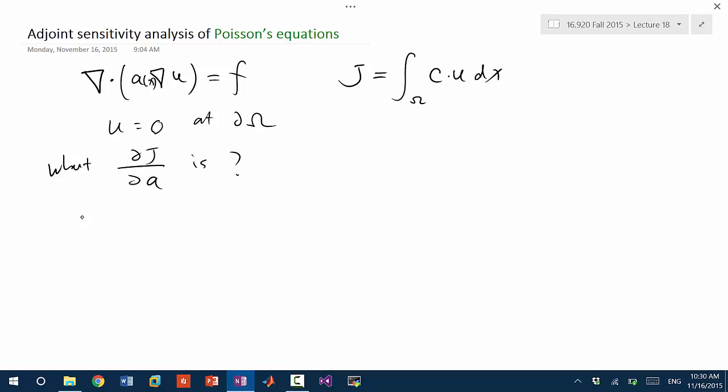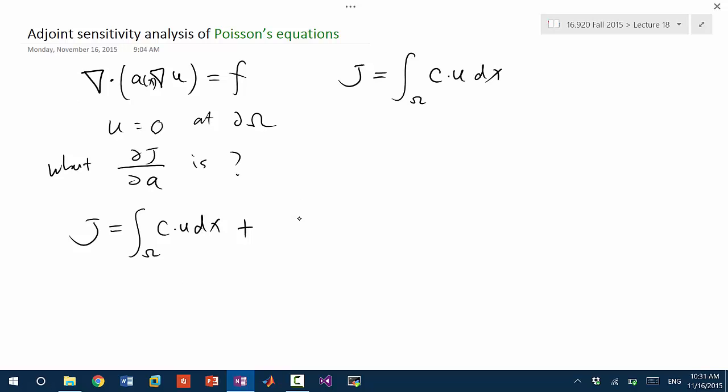Here we are going to use a similar method we used last time. We are going to augment this objective function by something that we know is going to be 0. And what is that?